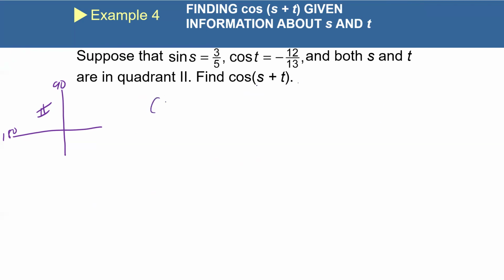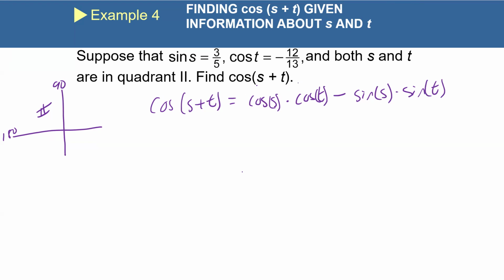So remember, if we're doing cosine of S plus T, that equals cosine of S times cosine of T minus sine of S times sine of T. And we're going to plug in the values that we know, and we're going to talk about how to find the ones that we don't.